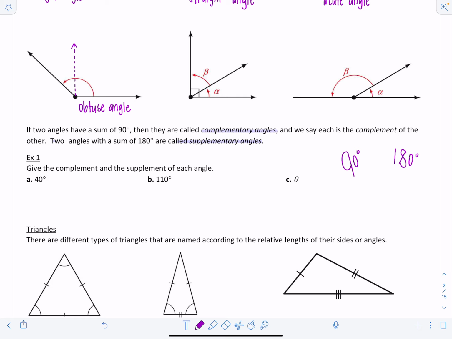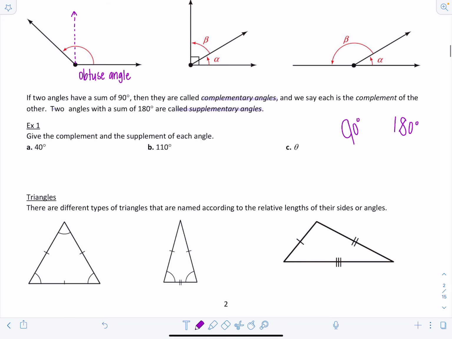All right, now let's work on an example. It says give the complement and supplement of each angle. So to get the complement, you would do 90 degrees minus whatever angle they give you. I'll call it theta. And then to get the supplement, you would do 180 degrees minus whatever they give you.